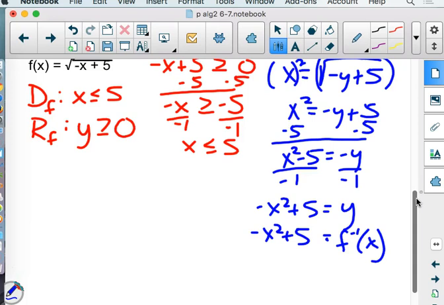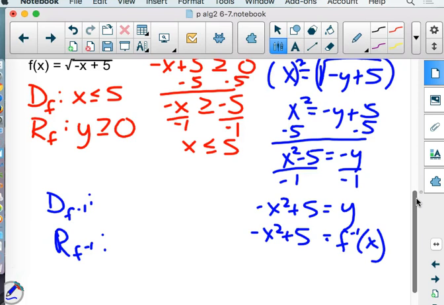Now we need the domain and range of that. All right. I think this is supposed to be easy. We already did the tough one. So what do we put for the domain of f inverse?